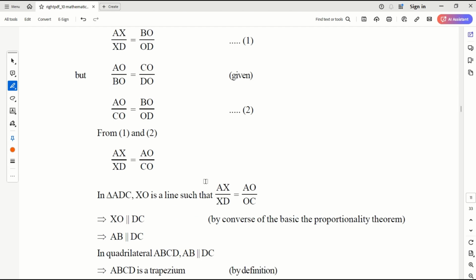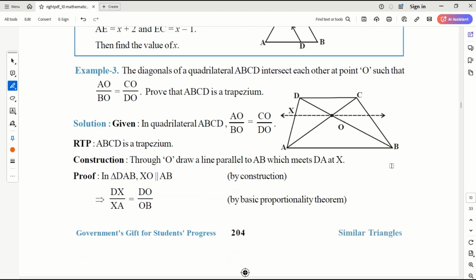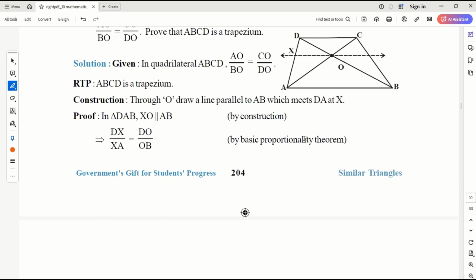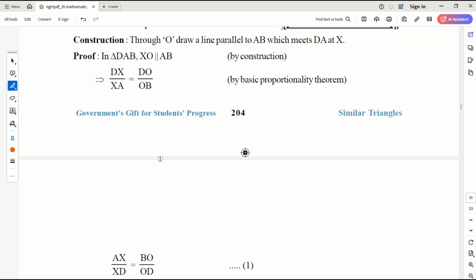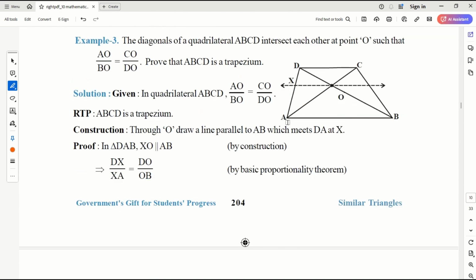So let's look at AO by CO. Not only DO by OB, it is also equal to AO by CO. Correct? What is the meaning of it? That means that line XO is parallel to DC. This XO line is parallel to DC.